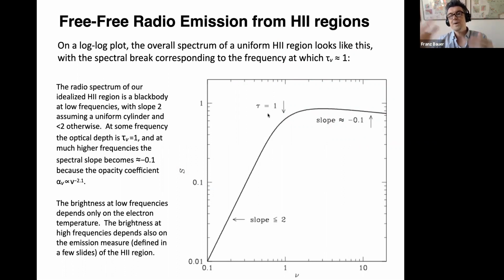So it'll move around depending on the density pockets you have. And so you will get a blurring of this in a more realistic scenario, right? But you could also imagine a structure which has a density gradient. And so you could measure the density gradient by seeing where this turnover happened as a function of position.